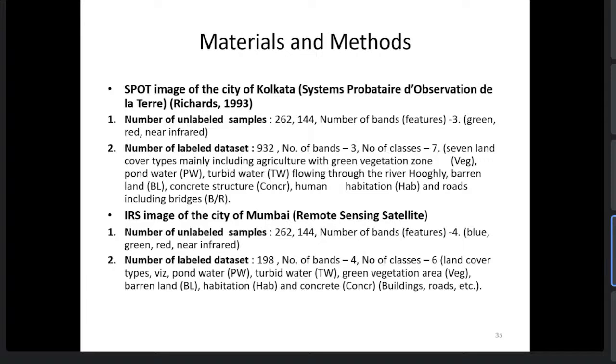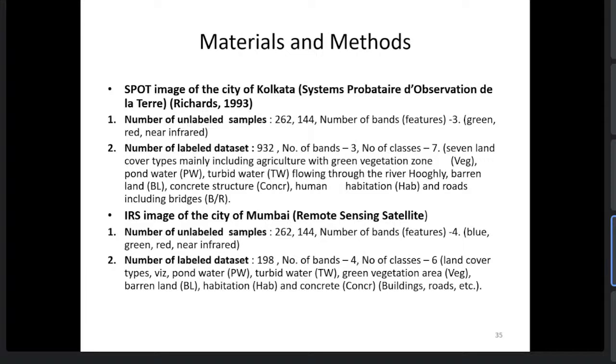There are some expert people who look at the pixel values and decide what the class will be. The number of features or bands is three, similar to the unlabeled samples.